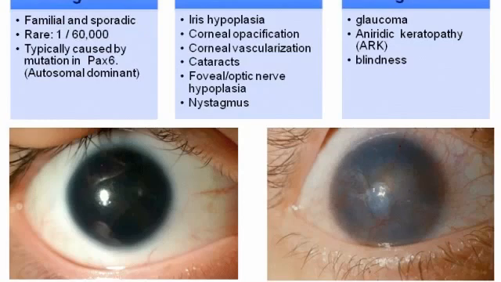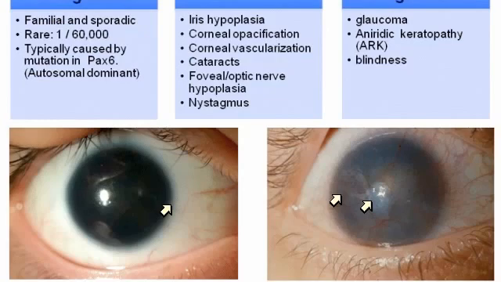That means it affects different parts of the eye, including the iris, the cornea, the blood vessels that you see here on the right-hand side, cataract, which is evident in this particular eye on the right, and the things that you can't see are foveal or optic nerve hypoplasia and an involuntary eye movement called nystagmus.